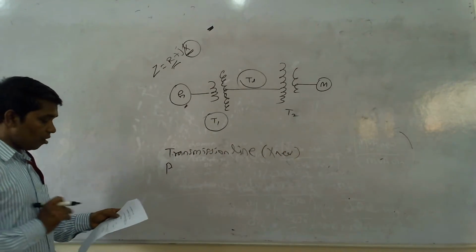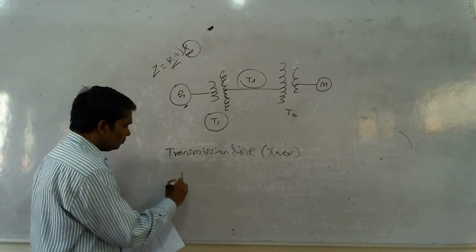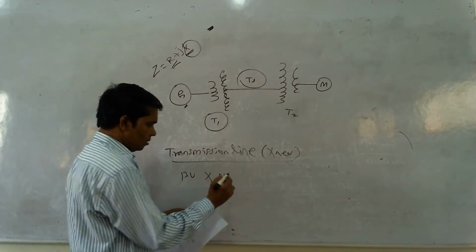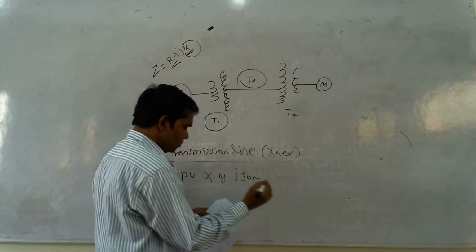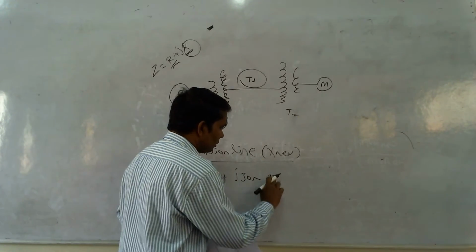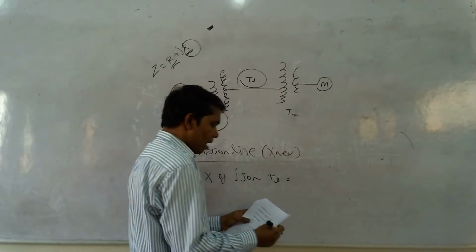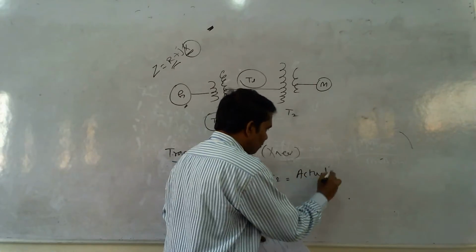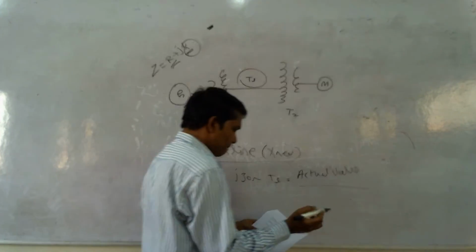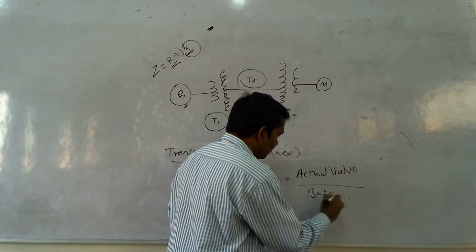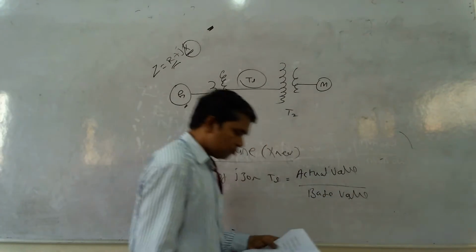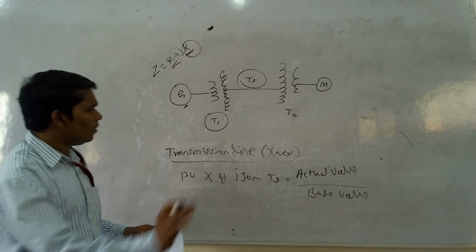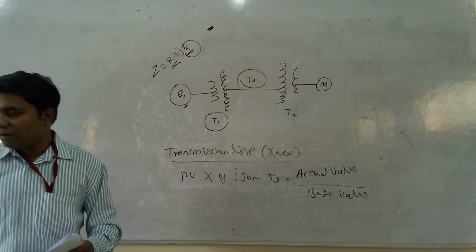So the per unit reactance of the J30 ohm transmission line is equal to the actual value by the base value, right? Actual value by base value. So the actual value is already given. The actual value is given, 30 ohm, right?